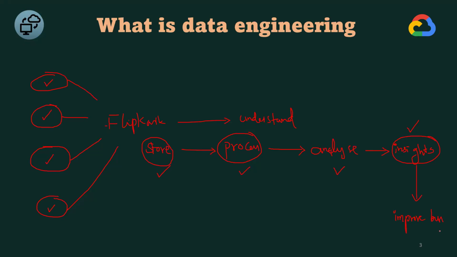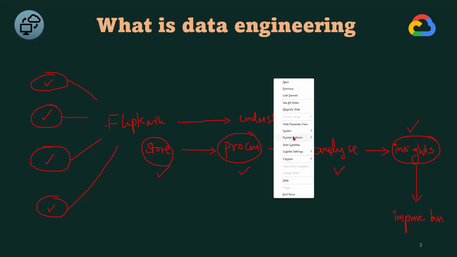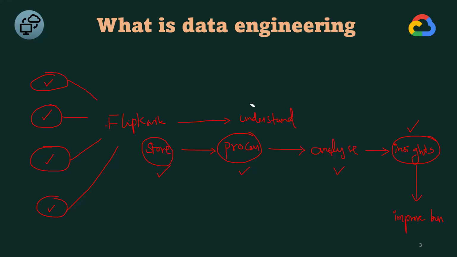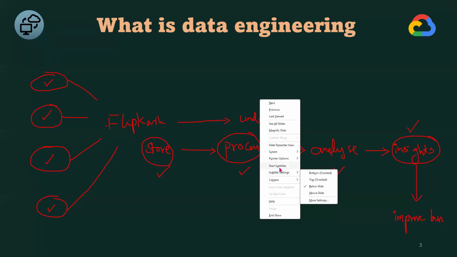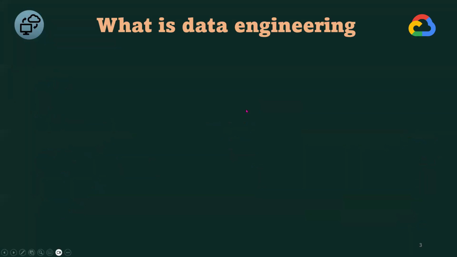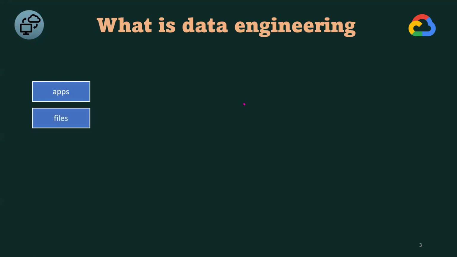In data engineering, if I have to clearly tell, for every business, they are getting the data from some applications, or some file formats, or maybe some databases, or maybe some IoT devices or sensor devices.